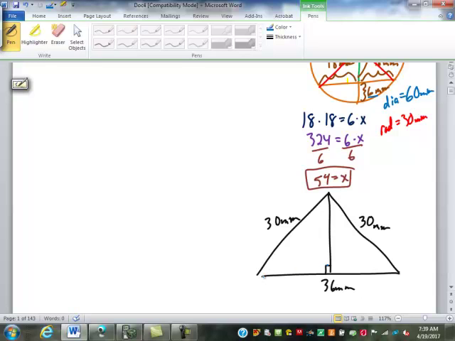So this is then 18 again. This is the angle up here that we're actually worried about, the whole angle, but we'll find half of it and double it. That angle right there, we're focusing on that angle. 30 is which side of the triangle? Hypotenuse, and the 18 is the opposite. So opposite and hypotenuse means we are dealing with a sine.